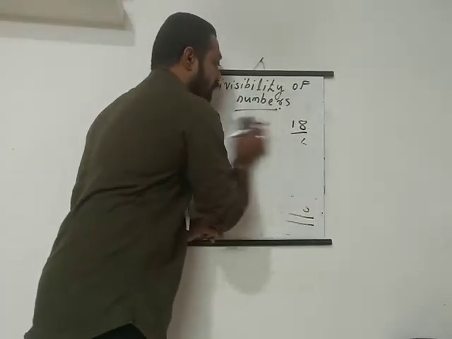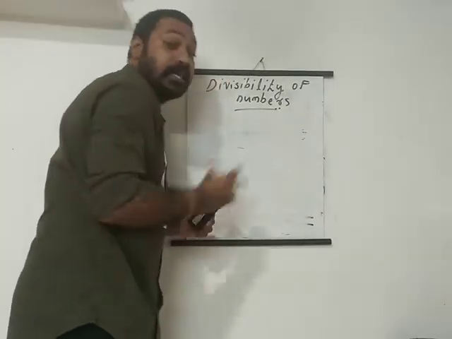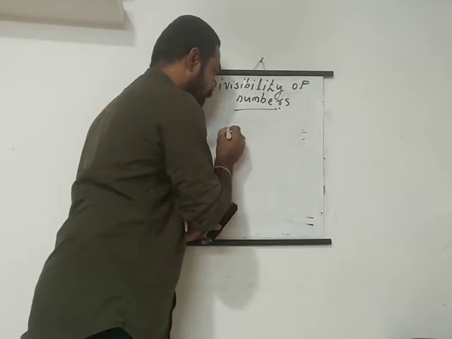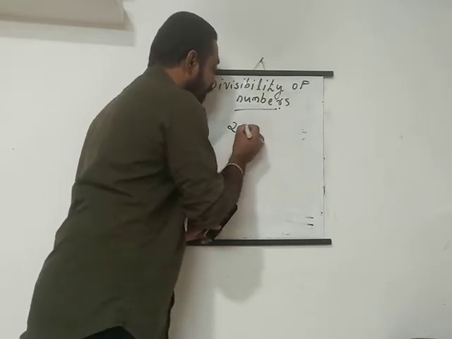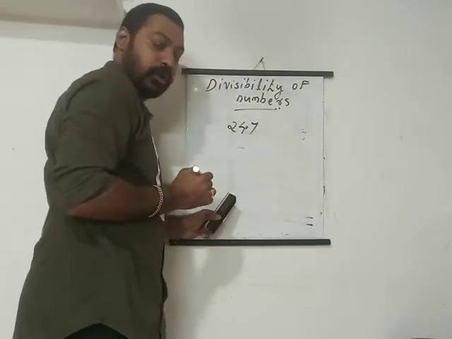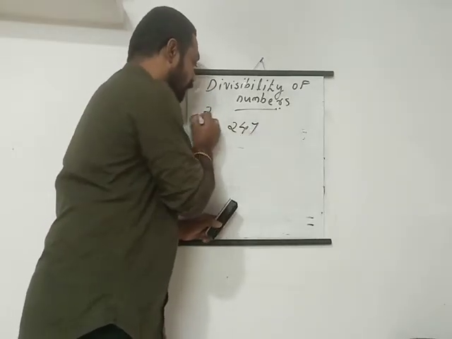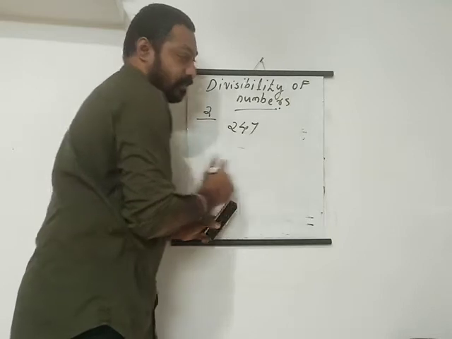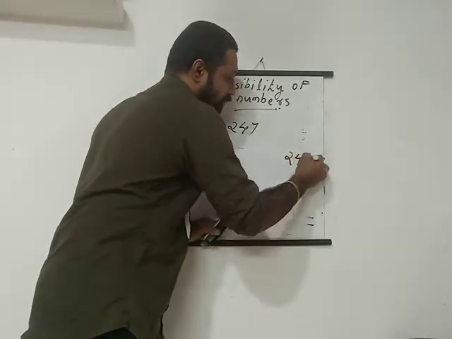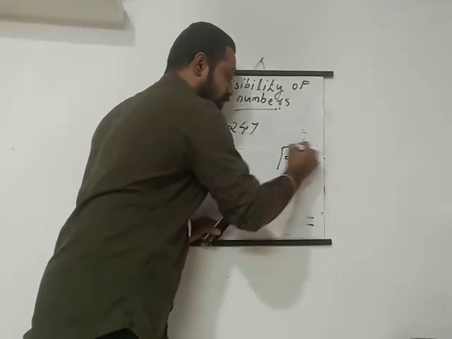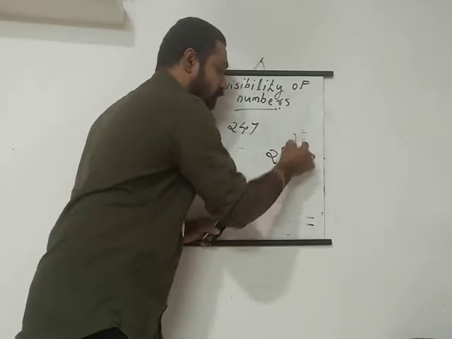Now I am taking another number, a 3-digit number, for example 247. I am going to check whether this number is divisible by 2 or not. To check that, we need to divide this number. When we divide, 1 2s are 2.